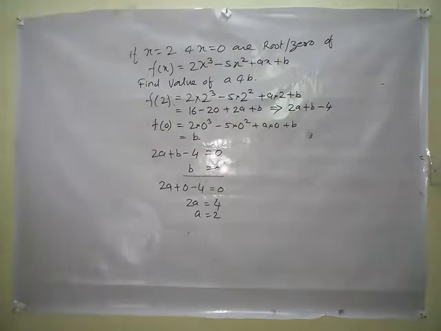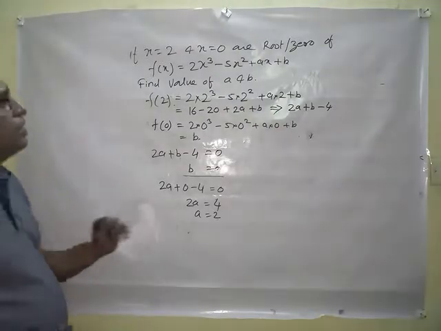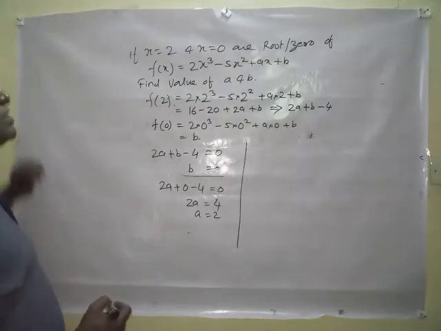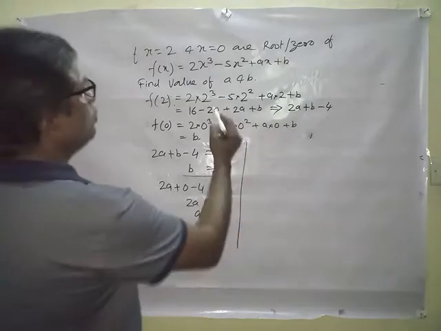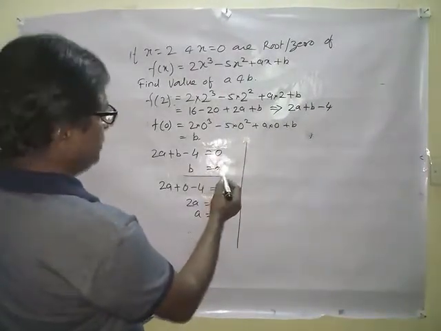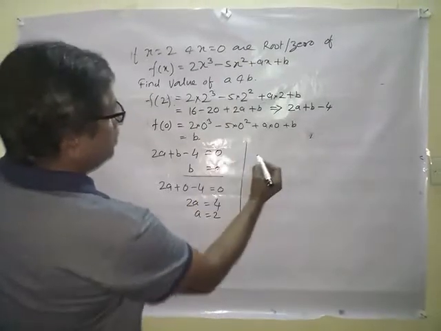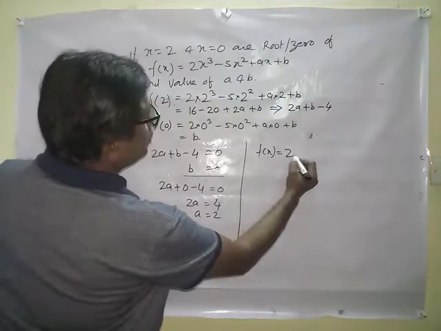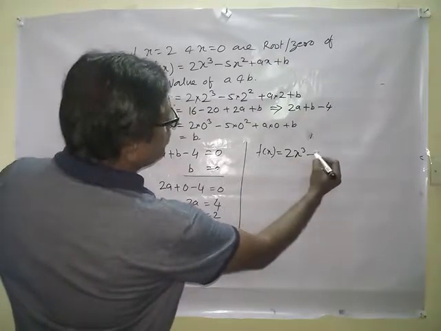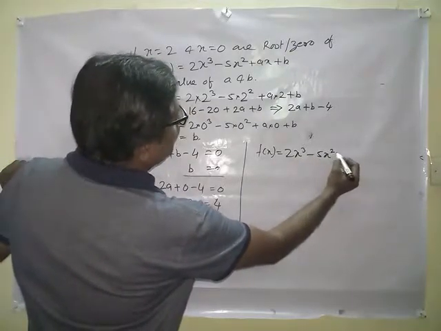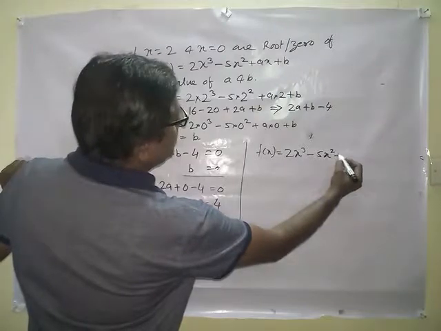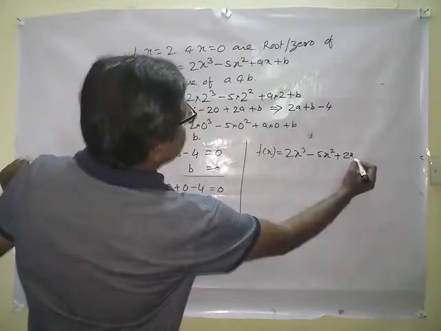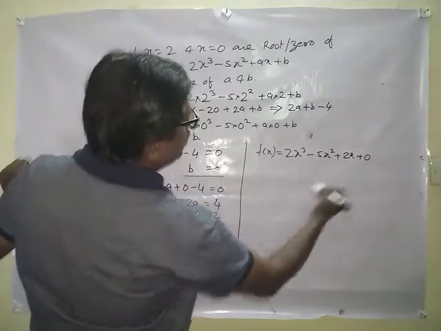To cross check your answer, in mathematics it is possible to cross check the answer. What you can do is put the value of b as 0 and a as 2. So your equation f(x) will become 2x cube minus 5x square plus 2x plus 0.